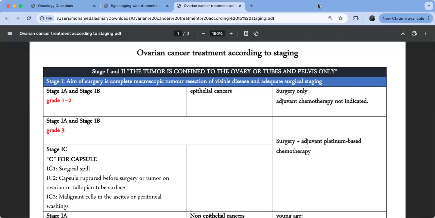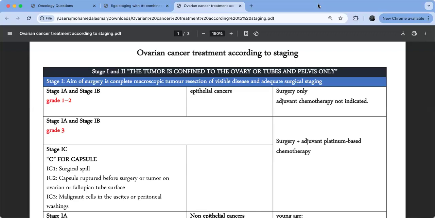So that's why we call it adjuvant therapy. So add therapy, this is adjuvant therapy. What type of adjuvant therapy do we use in ovarian cancer? Platinum based usually, yes. Okay, how many cycles? Total 6 cycles. Well done.